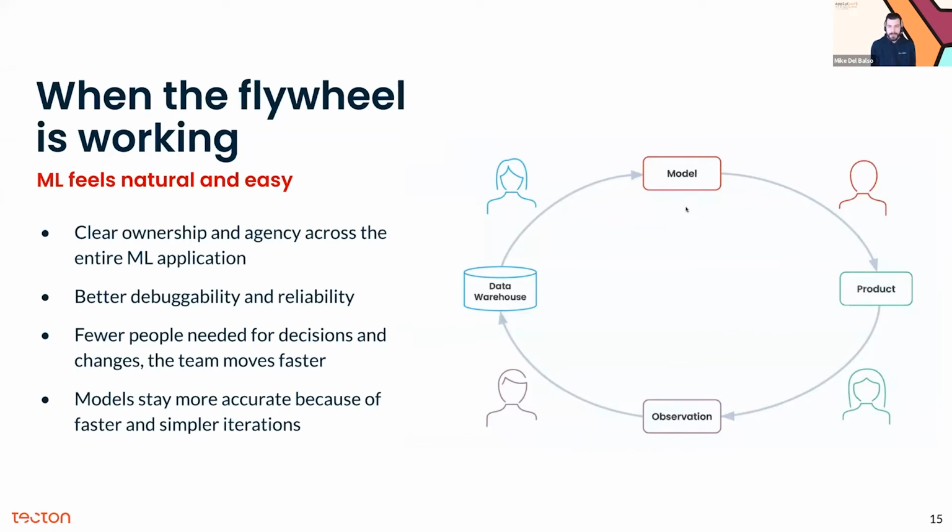It becomes easier to make decisions, to make changes, and understand the implications of all of these decisions. And then this allows your iteration speed to be much higher, and that means your model gets better and more accurate much quicker. There's a compounding effect from the flywheel. Every iteration, the system's getting better, and so in machine learning, we're trying to get as many iterations in as possible so we can compound to the best performance.